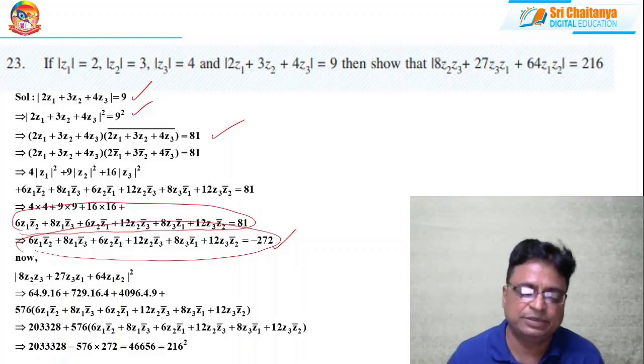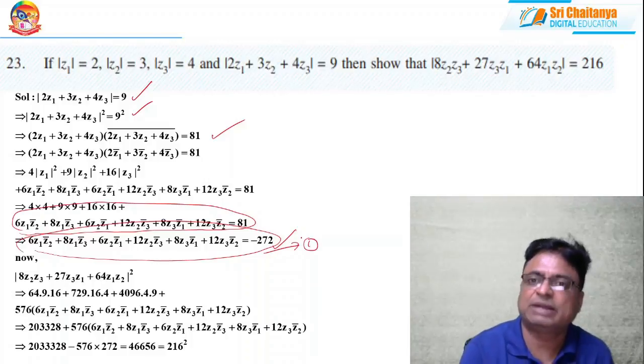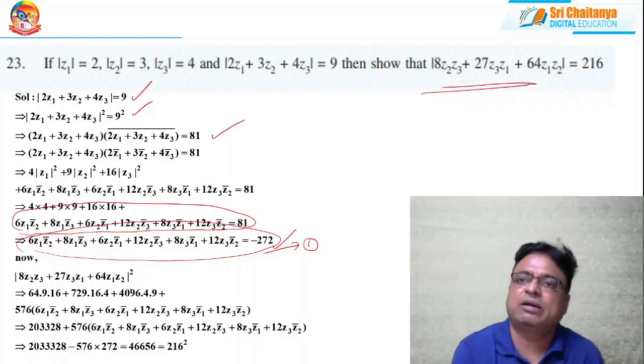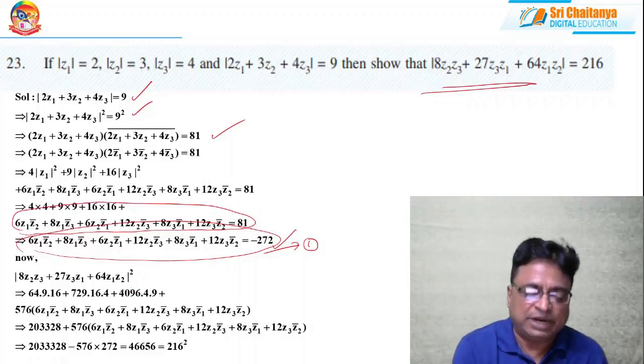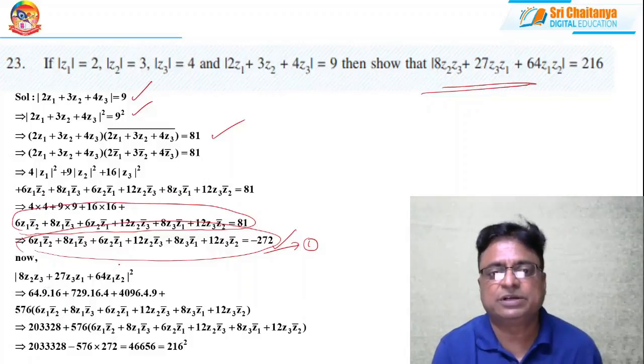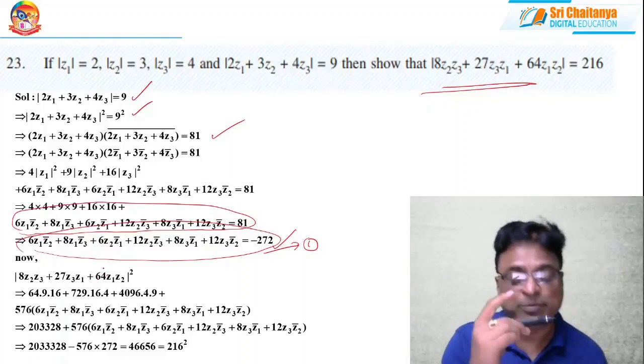Minus 272. You consider this as equation number 1. But my question is this one. So again, I am taking squaring on both sides. By taking squaring on both sides, this is a plus b plus c whole square. Mod of z1 plus z2 plus z3 whole square. That is, I can write it as mod z1 square, again, z bar I can write.